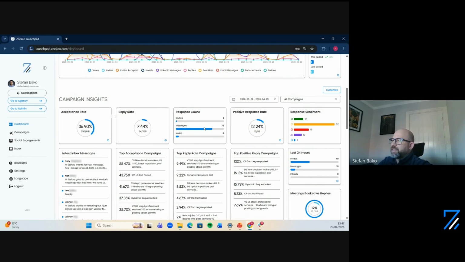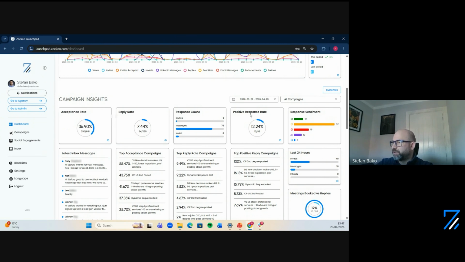Yes, I mostly send out messages, fairly a few emails, and I don't send invite messages at all. All my invites are blank. So this is why it shows you where the response is coming from, but it depends on what you have active as well.